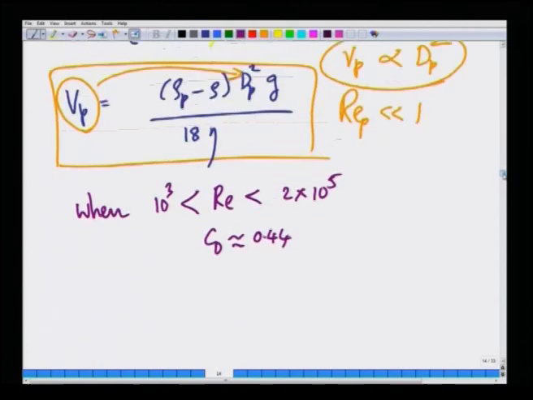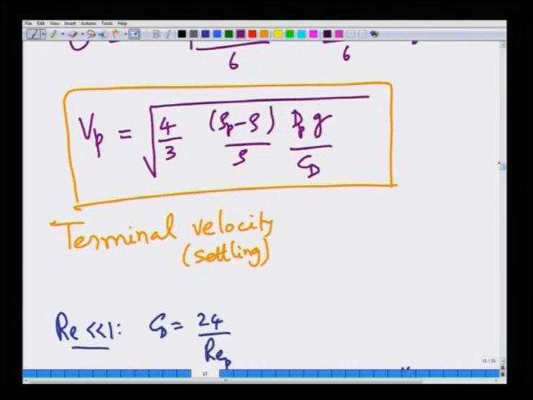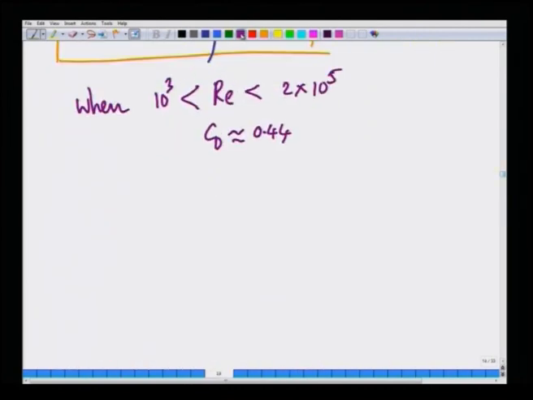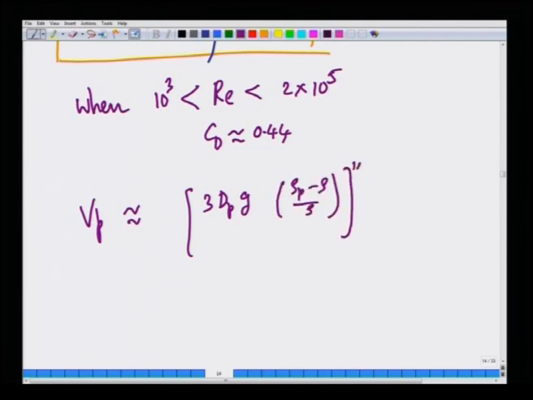Then we merely substitute 0.44 in this expression for Cd, and we get an expression for the settling velocity, which for this regime is approximately 3 dP g times (rho p minus rho) divided by rho, to the power half.